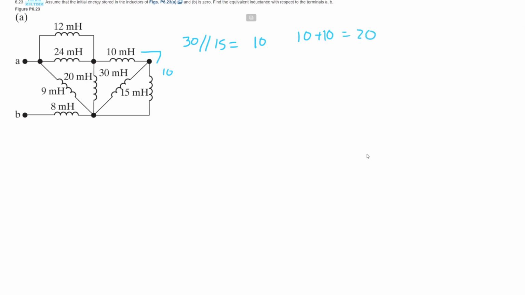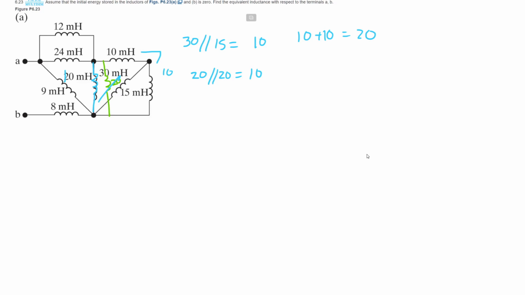So now we have an equivalent inductor, 20 millihenry in parallel with that 20. Now 20 in parallel with 20 is going to be 10. So now we've got kind of an equivalent inductor. We ignore this. Say that equivalent inductor is 10 millihenry.